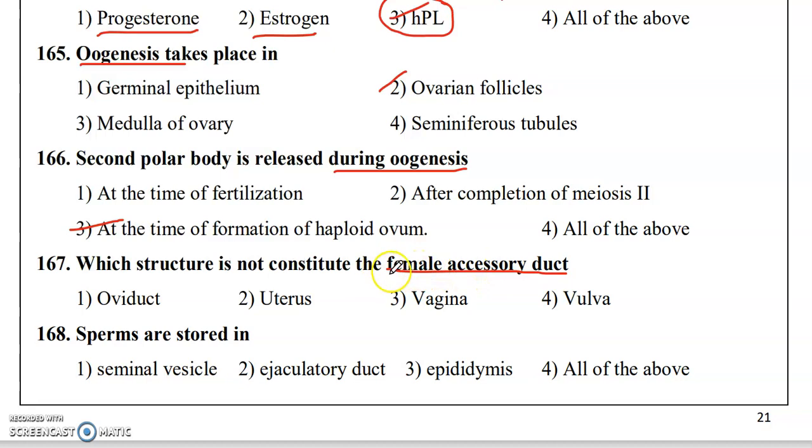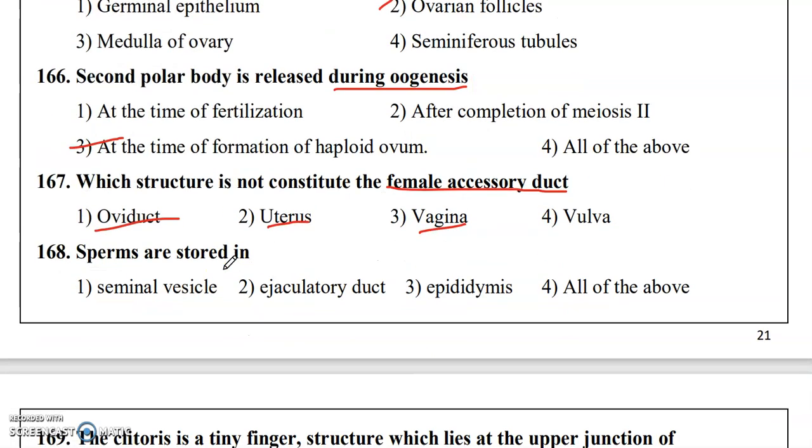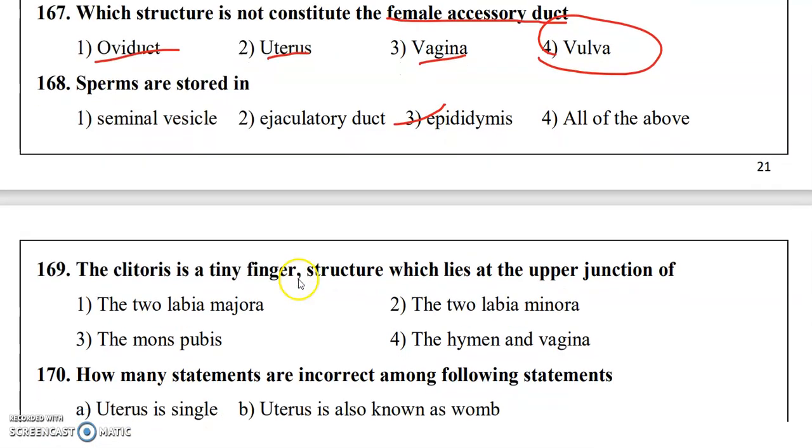The female accessory duct system consists of oviduct, uterus, and vagina. Sperms are stored in the epididymis, which is the storehouse of the sperms. External genitalia are not part of the ducts.